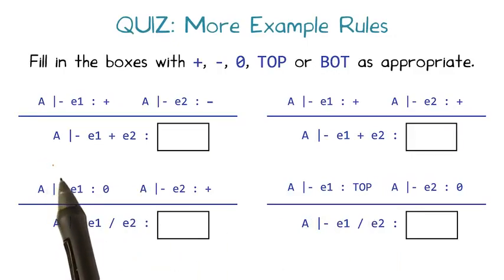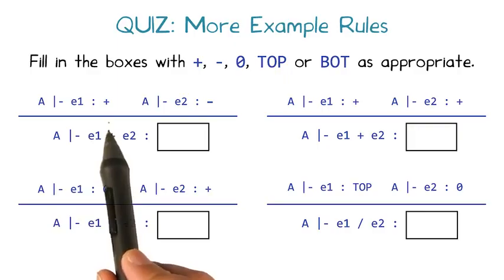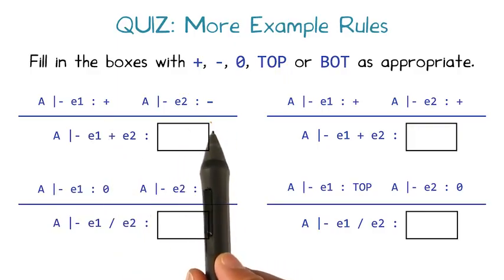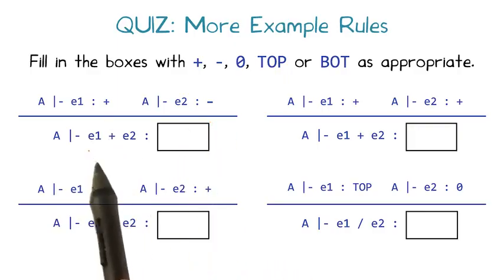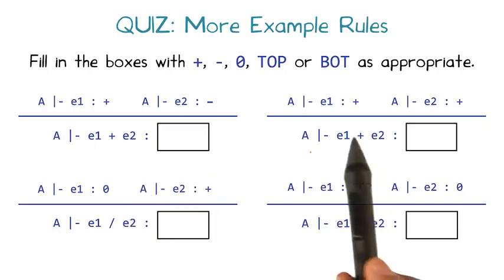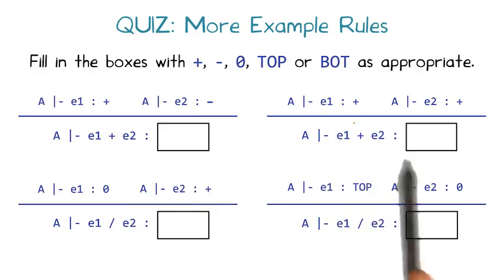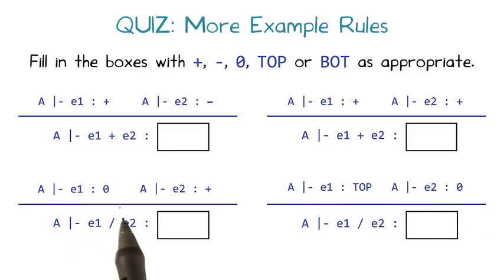Under the environment A, if it is provable that E1 has value plus and E2 has value minus, then it is provable that E1 plus E2 has value blank. Under the environment A, if it is provable that E1 has value plus and E2 has value plus, then it is provable that E1 plus E2 has value blank. Under the environment A, if it is provable that E1 has value 0 and E2 has value plus, then it is provable that E1 divided by E2 has value blank.